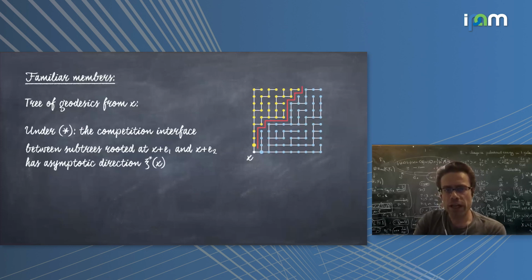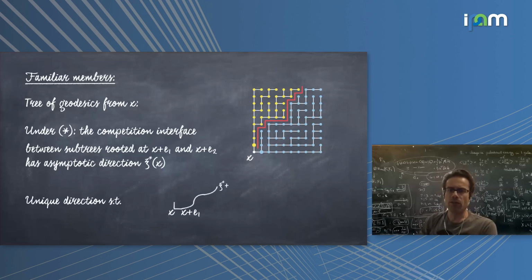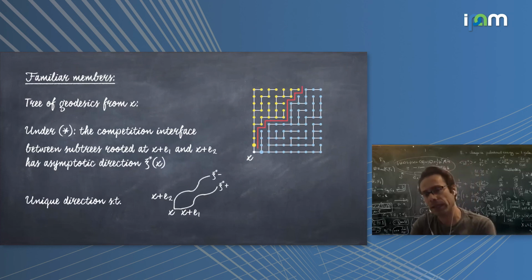That direction can be shown to be the unique direction for which the plus and minus Busemann geodesics separate right away at x. If they separate, they can't reunite again because of the continuous weights assumption. So in this direction there's a problem with coalescence and with uniqueness, and that direction is part of the exceptional direction set.